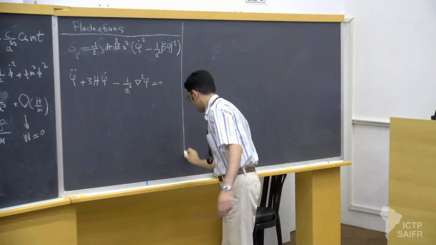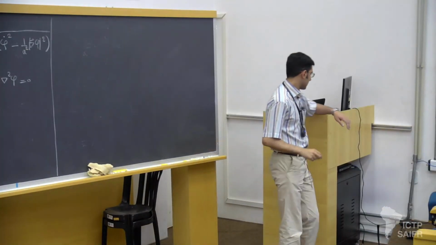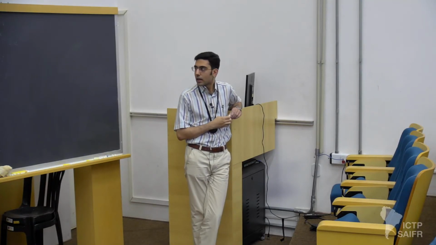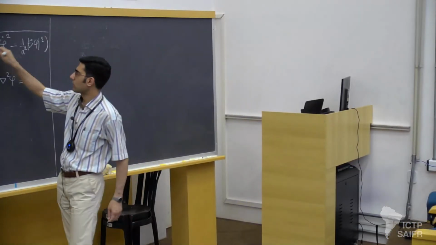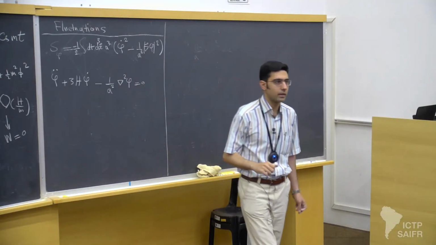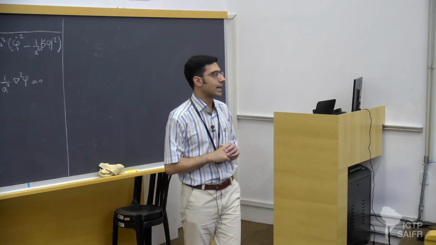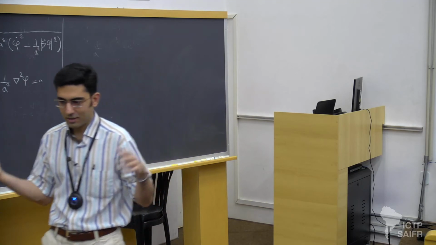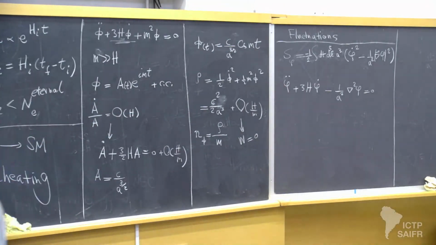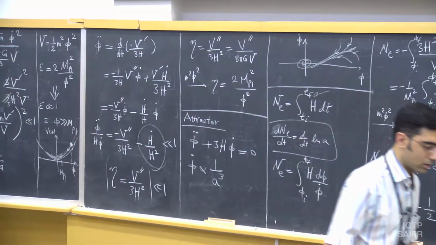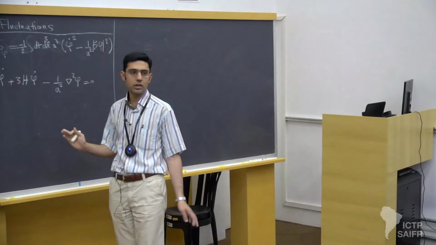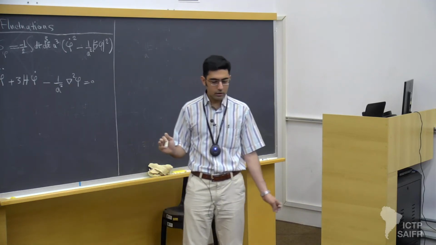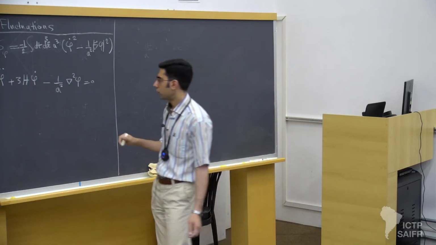Now, one thing that we can immediately do when we are dealing with this problem is that you see here the action has explicit time dependence. The scale factor here is time dependent. However, nothing depends on x. In fact, that was the defining property of our FRW cosmology. I'm doing linearized theory, so it makes a lot of sense to go to momentum space and work with Fourier modes.